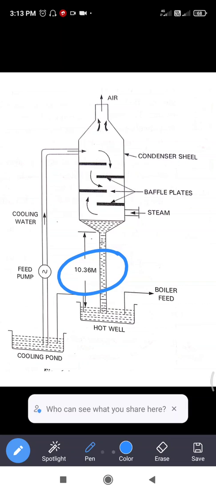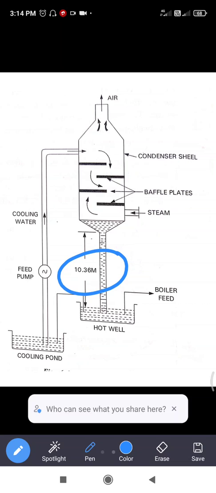Once again, I will tell you how the high level jet condenser works. The high level or barometric jet condenser is similar to the low level counter flow jet condenser, but the condenser shell is situated at a height of 10.36 meters from the level of the hot well, and accumulated condensate will drain by itself without the aid of a condensate pump.